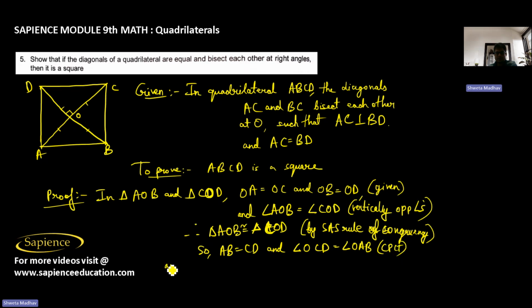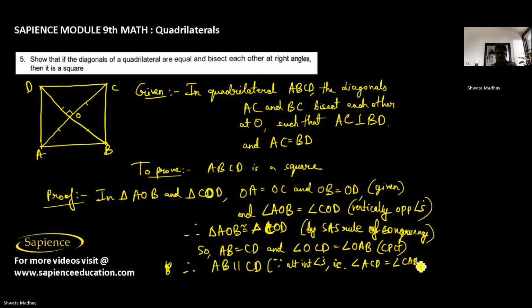And so therefore we can say that AB is parallel to CD, since the alternate interior angles are equal, angle ACD equals angle CAB.